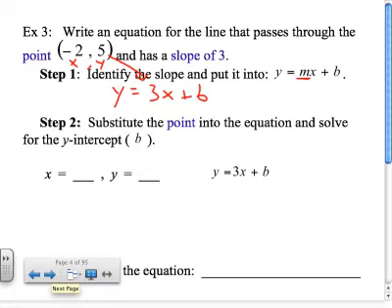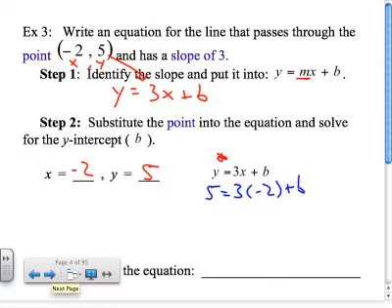Okay, so I know that x equals negative 2 and I know that y equals 5. And so now what I can do is plug those in for x and y into this equation. And what that'll do is isolate b and allow me to solve for my y-intercept. So I plug in 5 for y, I plug in negative 2 for x, and I'm solving for b now.